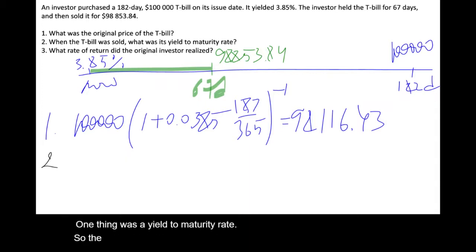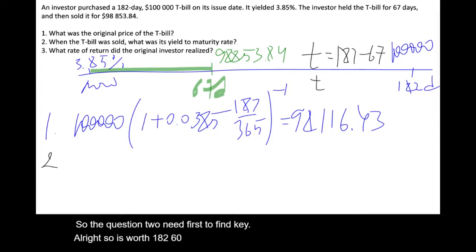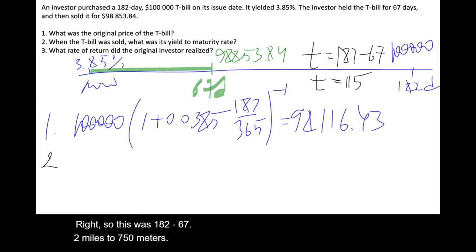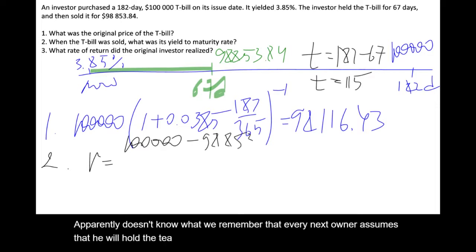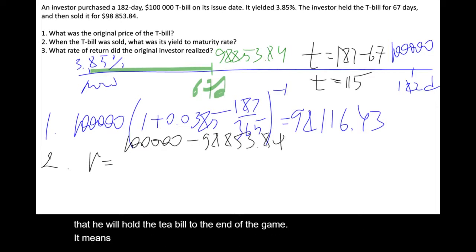So for question 2, we need first to find T, right? It's 182 minus 67, is 115 days. Yield, that is R. 100,000, and we remember that every next owner assumes that he will hold the T-bill to the end of the game. It means his future value is the face value of the T-bill.